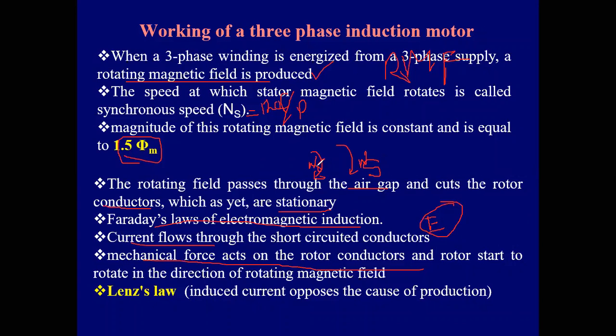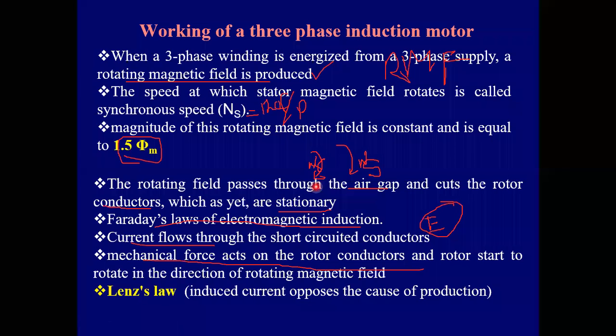So the question is, why does the rotor rotate only in the same direction as the stator field? You see the directions over here. The stator field Ns is rotating clockwise, and similarly the rotor rotates clockwise but with some lesser speed. Suppose the field is rotating at 1500 rpm, the rotor will rotate at 1400 rpm, but in the same direction.